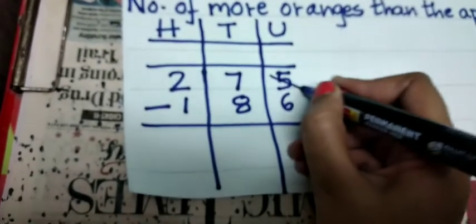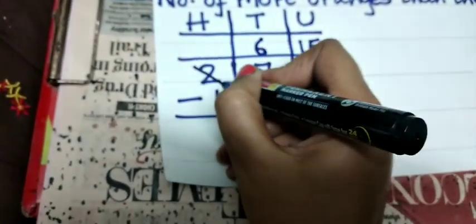Make 5 into 15. 7 becomes 6 and 2 becomes 1, because you cannot subtract 8 from 6. So it becomes 16. So 15 minus 6 is 9. 16 minus 8 is 8. And 1 minus 1 is 0.